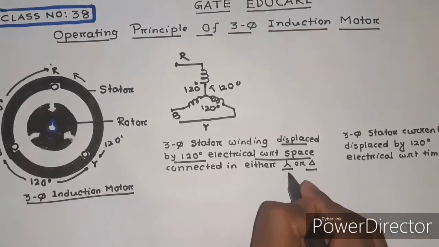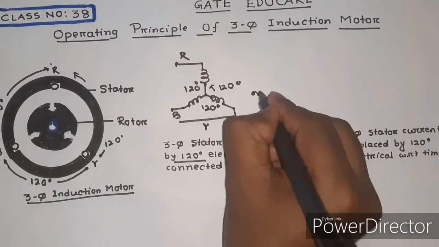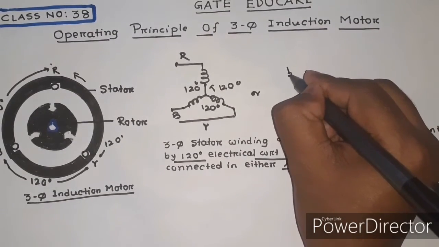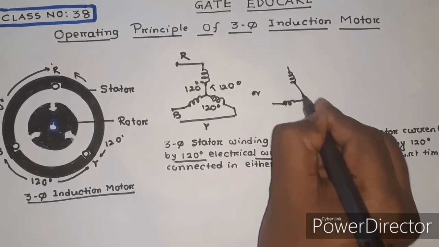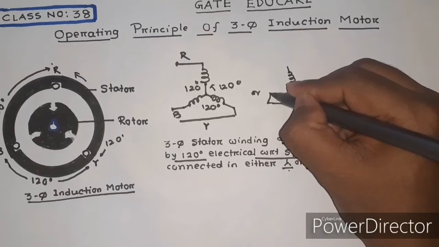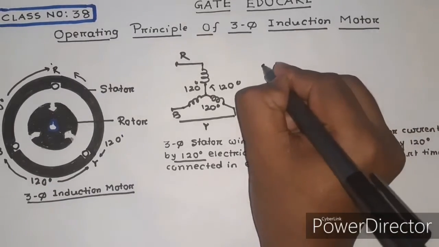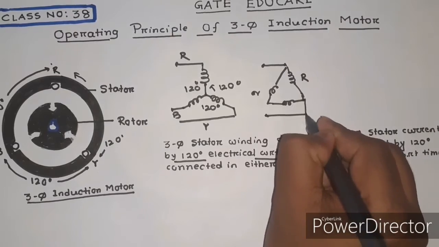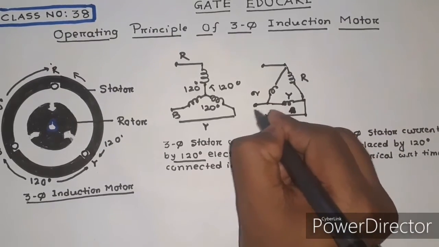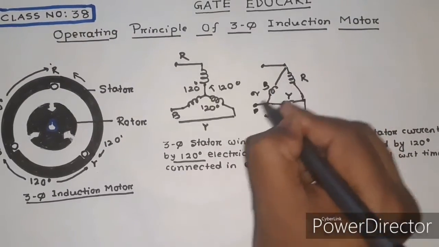This is star connection. Or for delta connection, this should be R phase, this should be Y phase, and this should be B phase. That is R phase winding, that is Y phase winding, this is B phase winding.